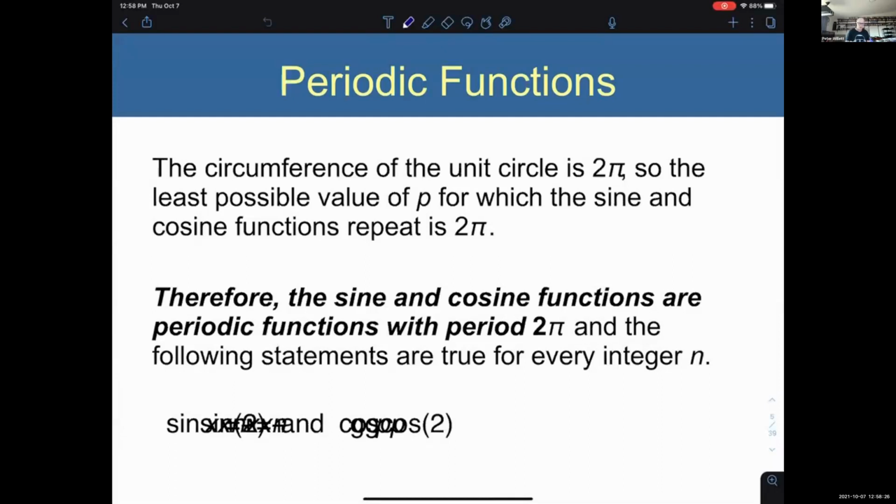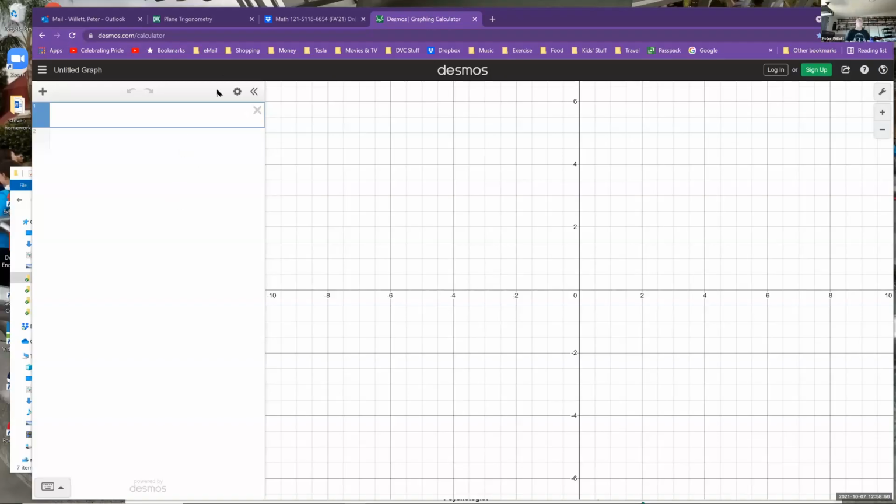So what I'd like to do is switch over and let's just start looking at the graphs of these functions so that we can talk about these things while we are looking at the graph. And so to do that, I'm going to pull up a Desmos calculator for us, and let me share that. All right, so again, you can go to this just by going to the free online Desmos calculator.